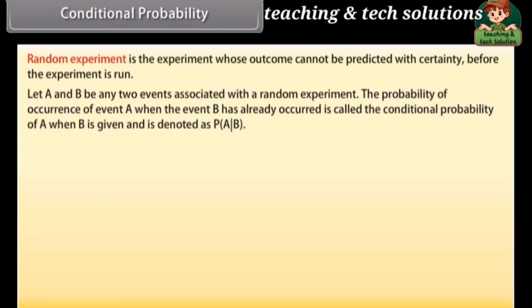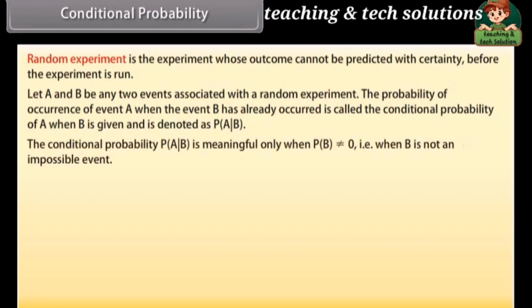The probability of occurrence of event A when the event B has already occurred is called the conditional probability of A when B is given and is denoted as P(A|B). The conditional probability of event A when event B is given is meaningful only when probability of event B is not equal to 0. That is, when B is not an impossible event.